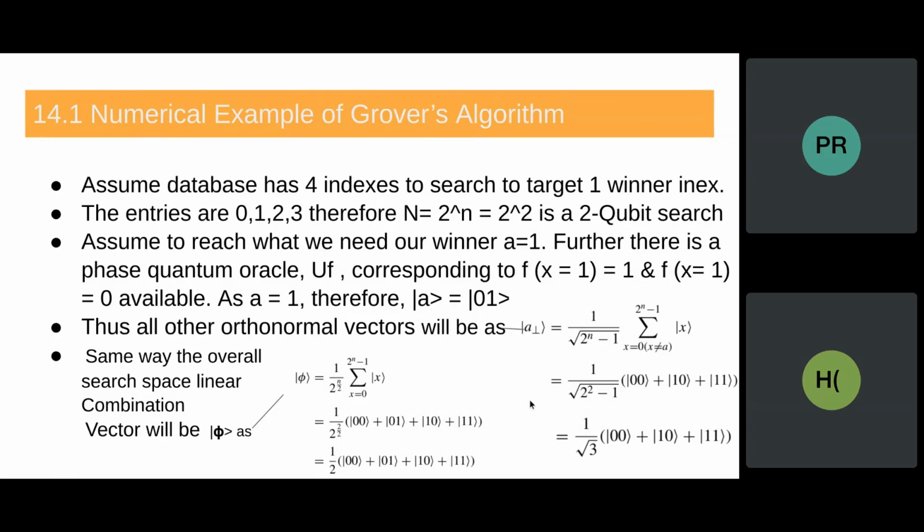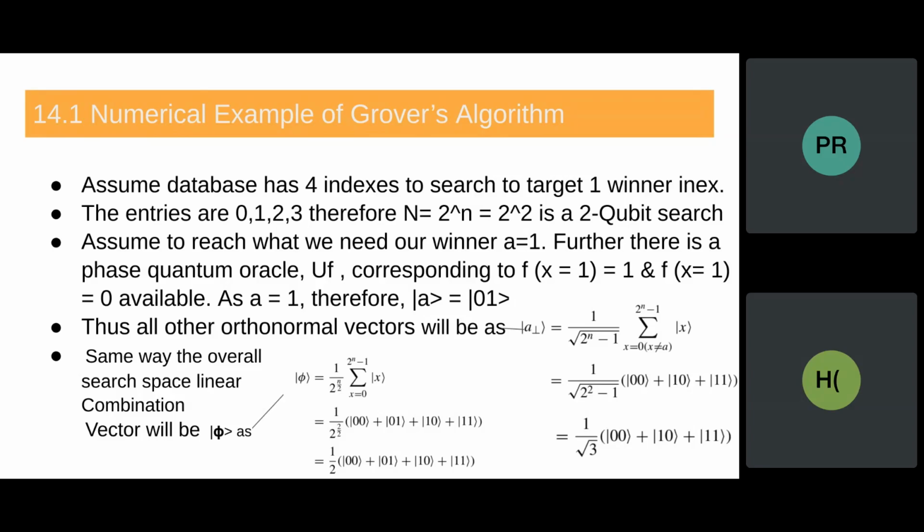So when we have a search space of 4, 3 of them are included in the a perpendicular, one of them, which is the target, is in a, and a and a perpendicular are orthogonal, so they are perpendicular if you show them on an xy plane.